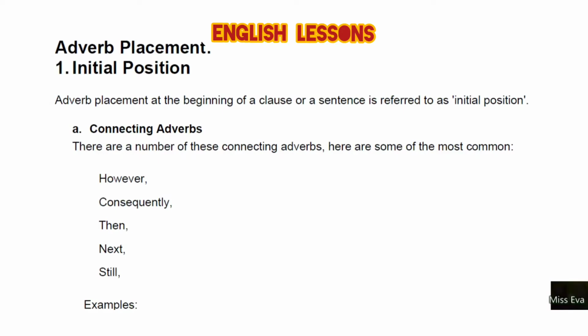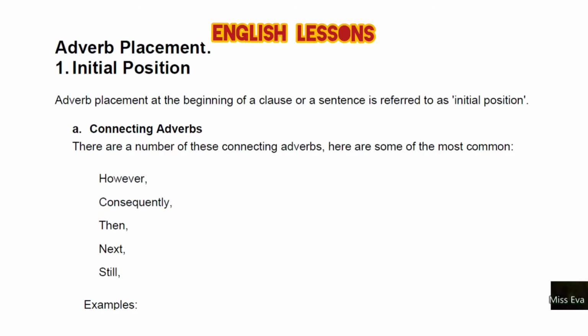Okay, in this initial position, we have A, connecting adverbs. What does connecting adverbs mean in this initial position? Initial position adverb placement is used when using a connecting adverb to join a statement to the preceding clause or sentence.